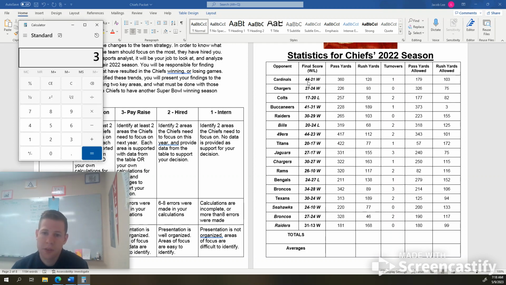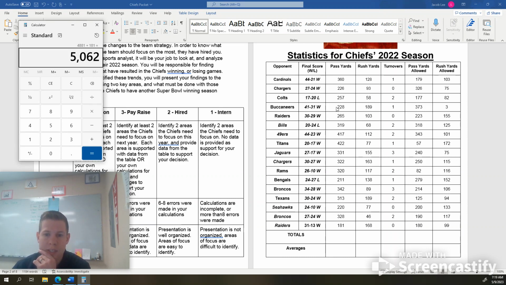You will add together 360 plus 226 plus 257 plus 228 plus 265 plus 319 plus 417 plus 422 plus 331 plus 22 plus 320 plus 211 plus 342 plus 313 plus 220 plus 328 plus 181. That's 5,062.